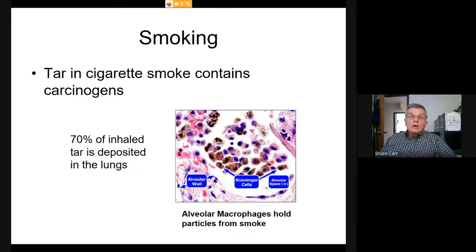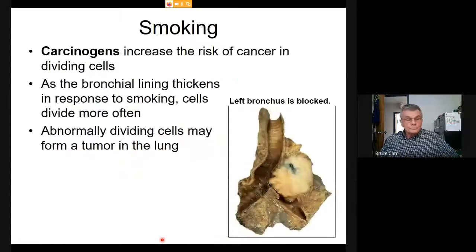Smoke, smoke that they walk through as they're walking down the sidewalk. But what a smoker is doing is putting 20 to 40 to 60 cigarettes worth of that smoke into the lungs every day. So these alveolar macrophages become overwhelmed, they start dying. You're more subject to lung infections.